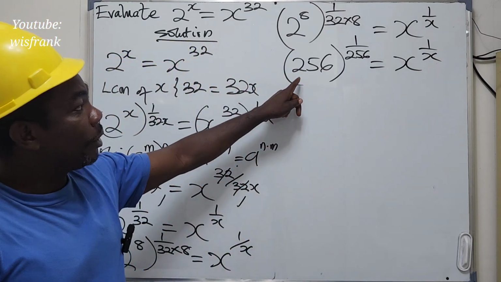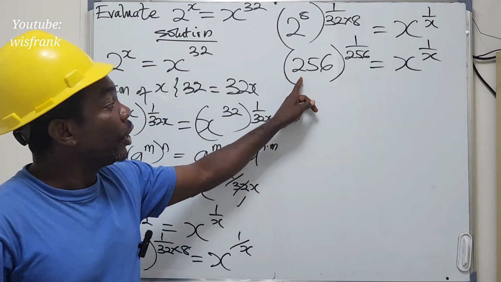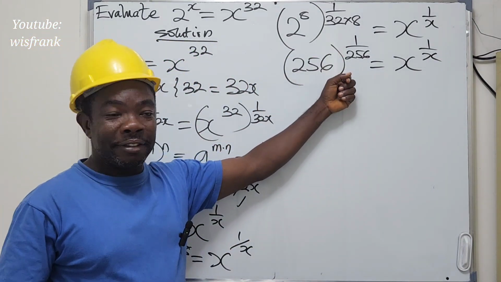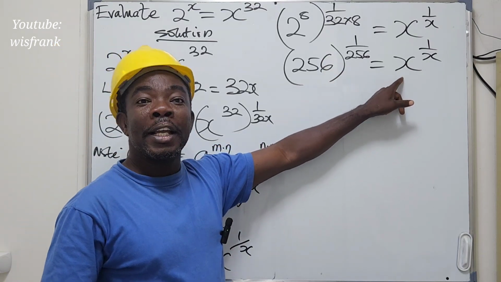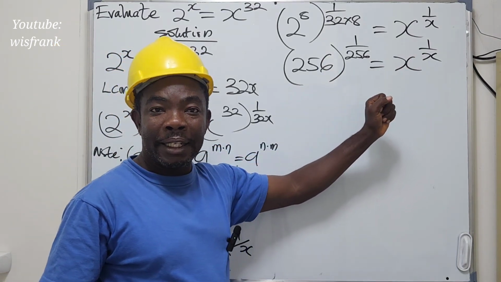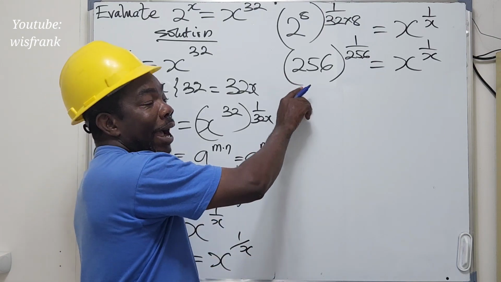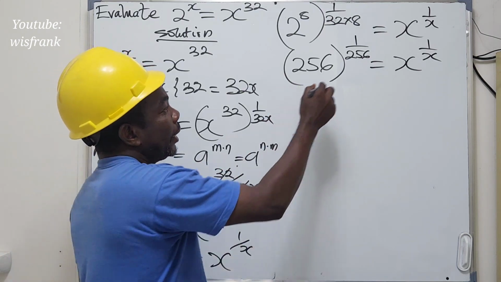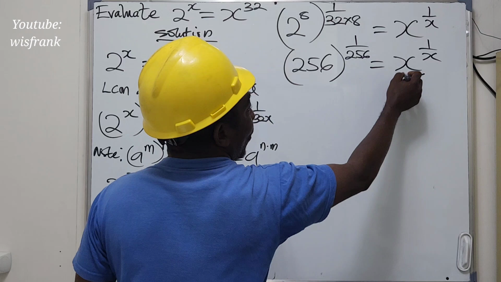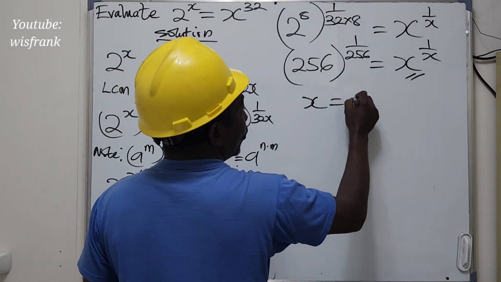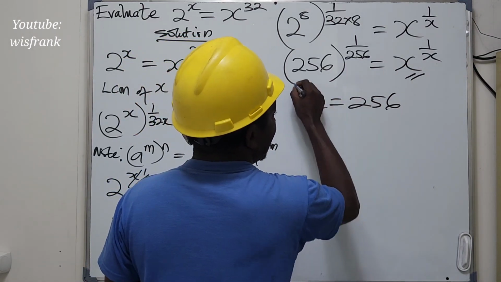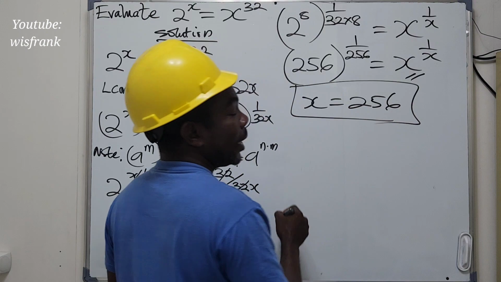You can see that we have the base of 256 here to the power of 1 all over itself, and we also have x to the power of 1 all over itself. So the transcendental equation says that when we have such values, we deduce that our x here equals 256. So this is the value of x that we have.